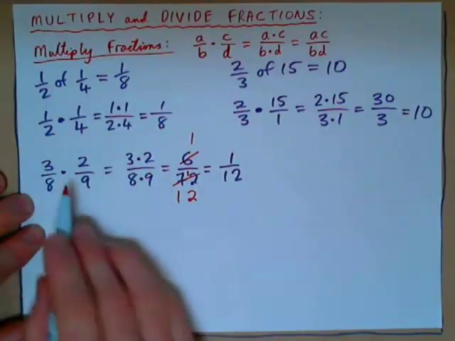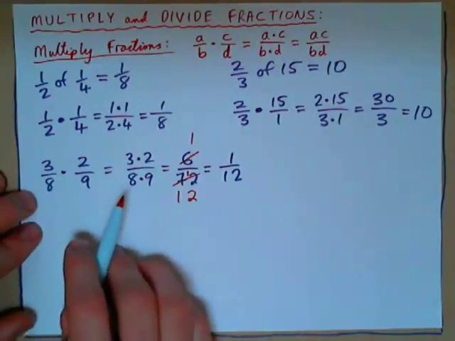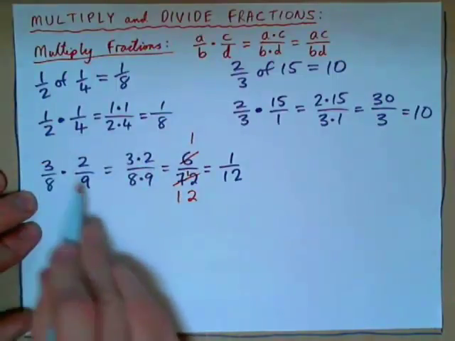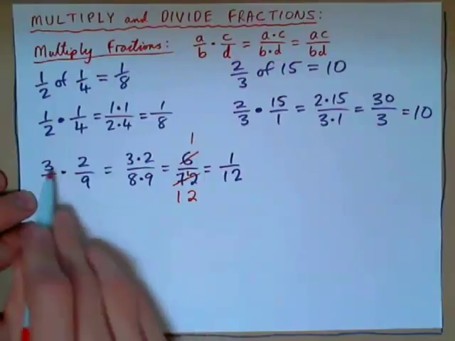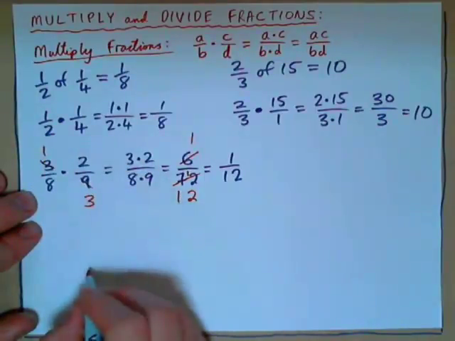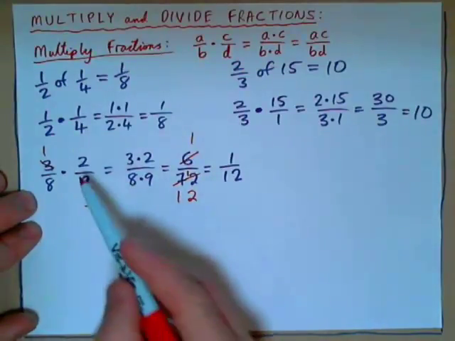A quicker way is this way. If you're multiplying fractions, you can do a thing called cross-canceling. If you look at 3 and 9, they both have a common factor of 3. They're both a multiple of 3. 3 into 3 goes once, 3 into 9 goes 3 times. Can you see anything else we can do? How about 2 and 8?